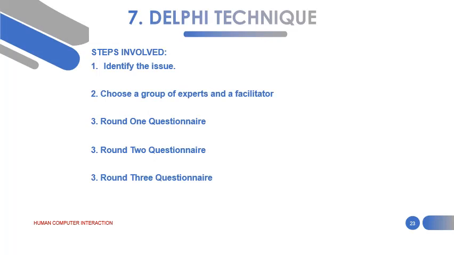After the issue has been identified and the experts and facilitator have been found, a questionnaire session is conducted between the experts on the problem and their inputs are taken. Based on their inputs, another questionnaire session is conducted.